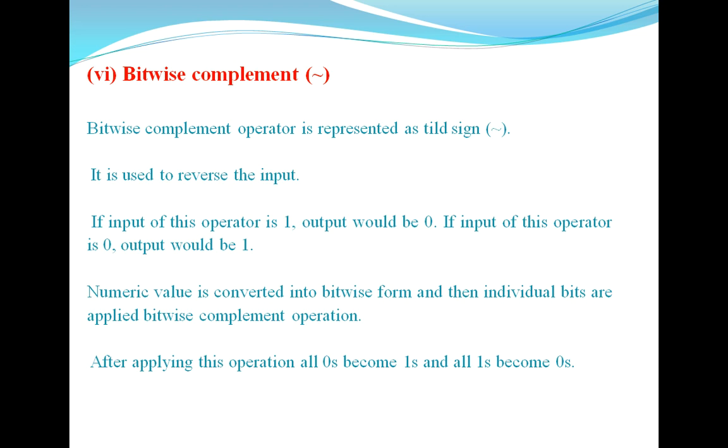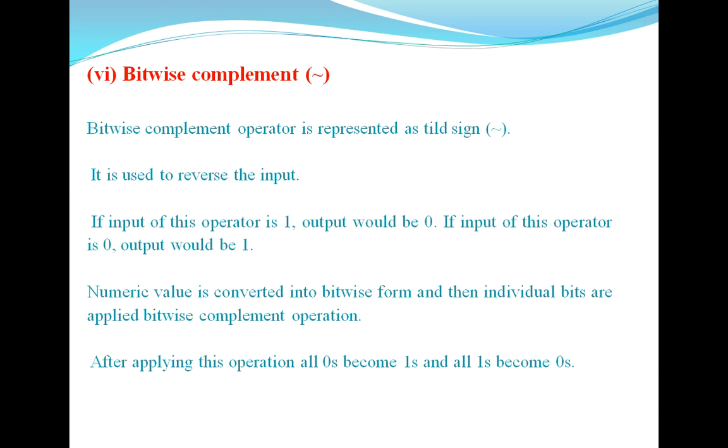When your mains are on, the inverter is off, and when your mains are off, the inverter starts working. So when you require this type of concept, you use the complement operator. It is used to reverse the input, that means it flips the bits.